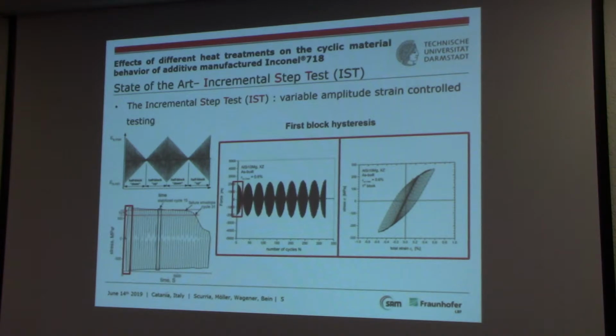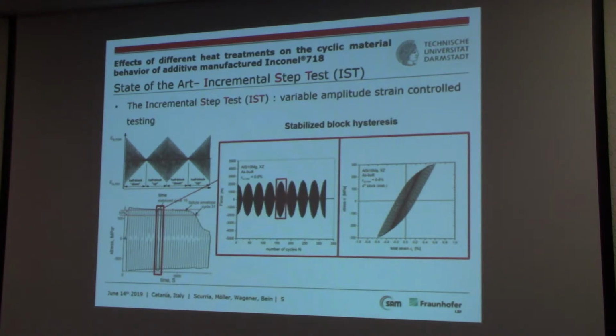What we obtain is this cyclic stress-strain curve represented by the reversal points of every hysteresis. These are the results, just as an example for some aluminum alloys. This is what we had at the first block, and this is what we then have at the stabilized block. So for example, here we are facing a hardening phenomenon.